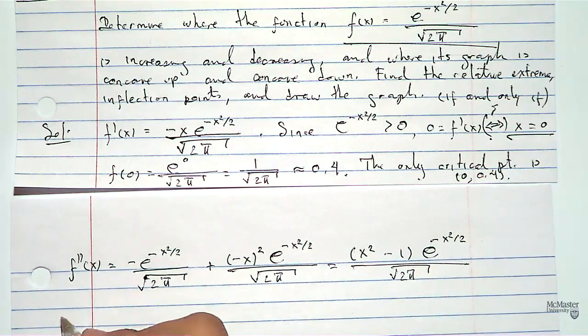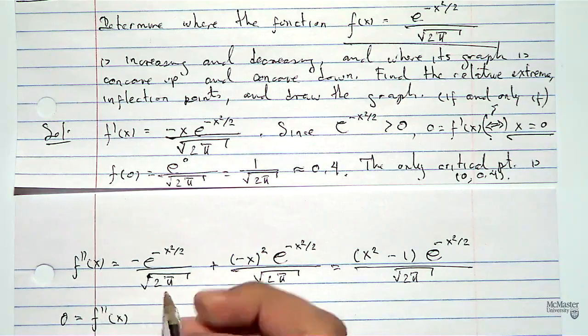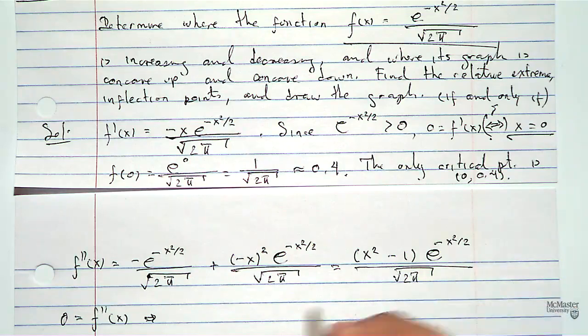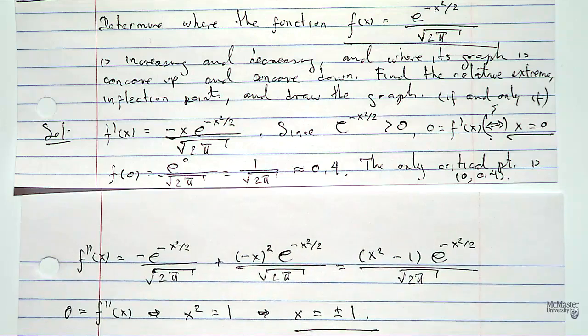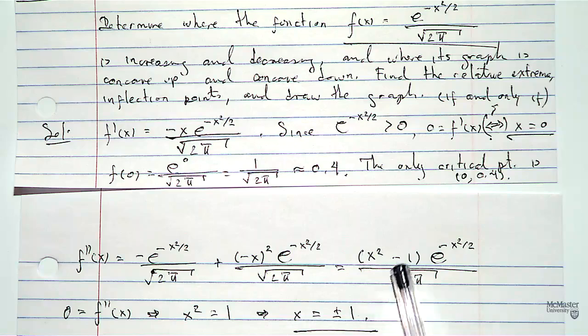So if I were to find points where the second derivative vanishes, now it's clear, this factor is always positive, so the only possible consequence is that x squared is equal to 1. And then that means that x is equal to plus or minus 1. Is the approach clear at this point? I did the computation, I factorized.